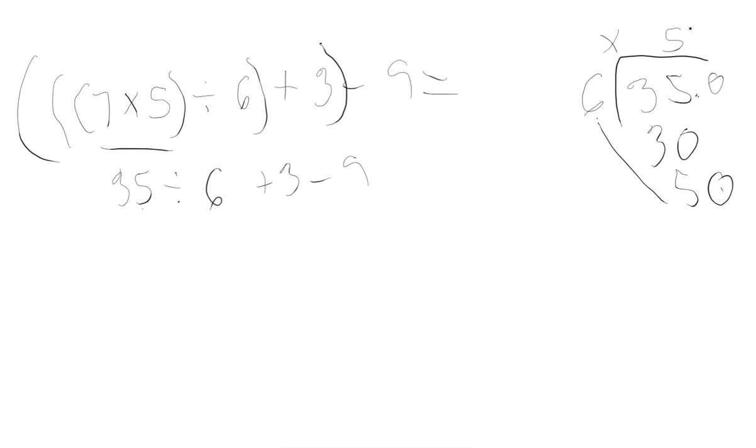Eight times. 8 times 6 is 48. And then that's going to leave you with a 2. 6 times 3 is 18. And that's going to leave you with a 2. Which means that this is going to be 5.83333 and so forth.